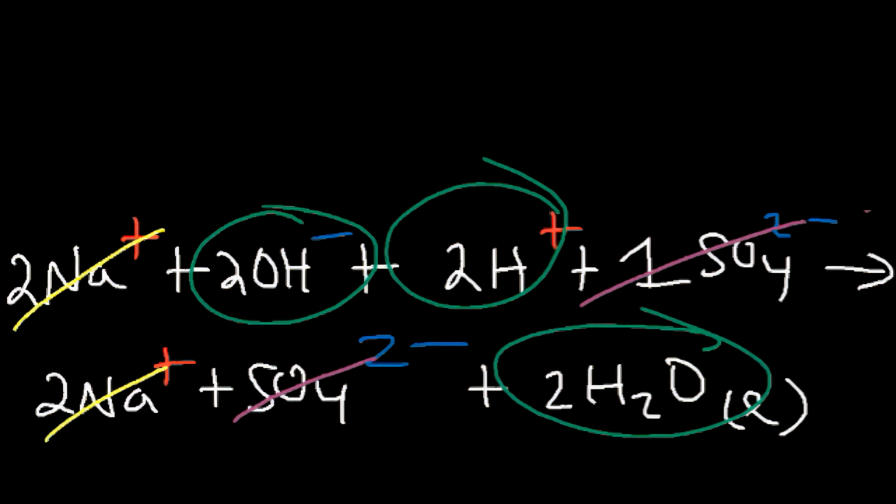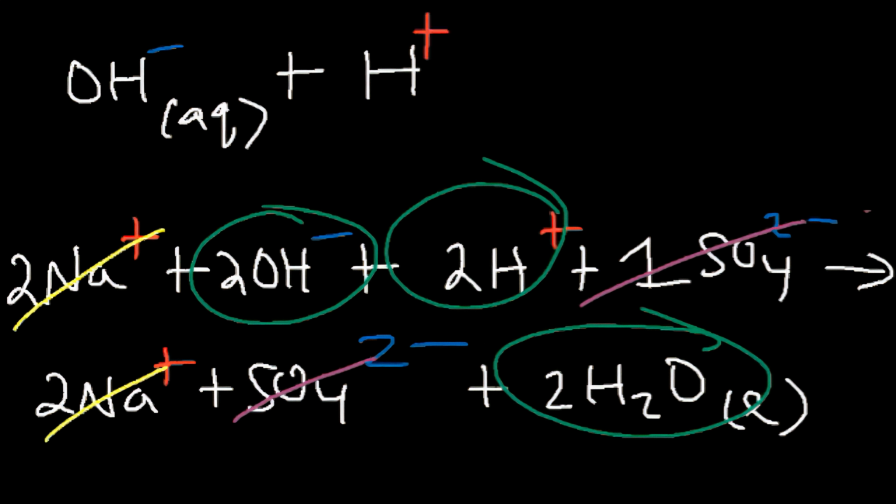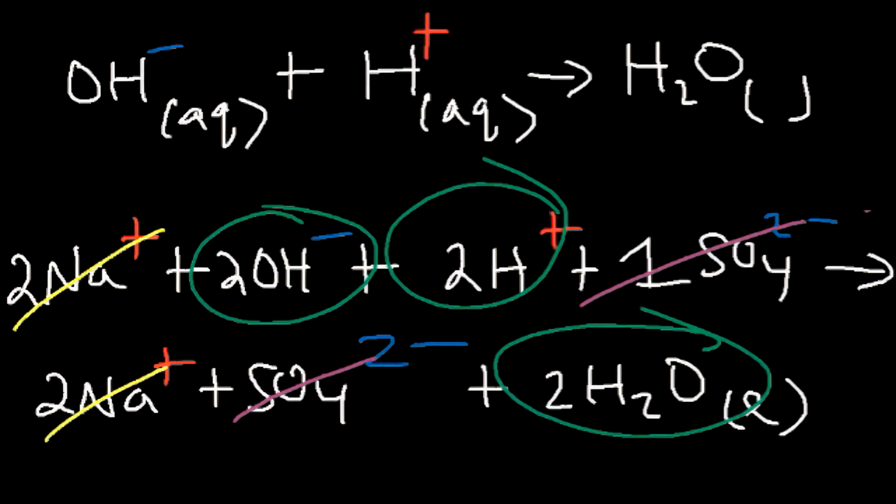Let's divide the coefficients by 2. So it's going to be 1 hydroxide, which is in the aqueous phase, plus 1 H+ ion, or hydrogen ion, in the aqueous phase. And this is going to produce liquid water.